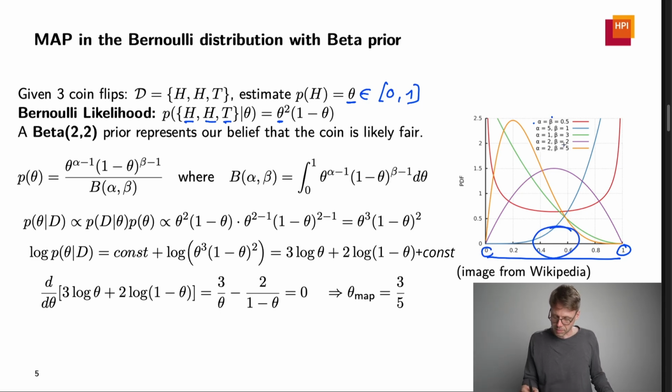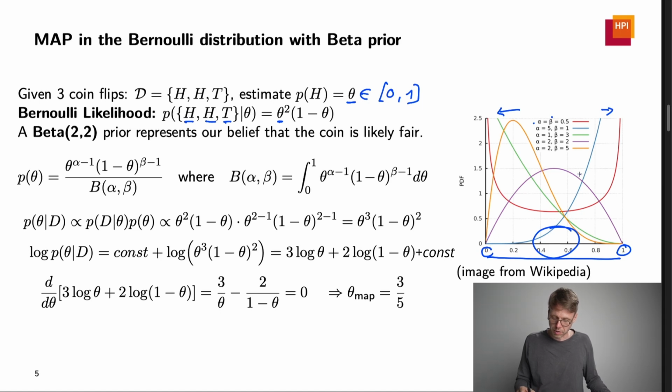If we make alpha larger than beta, then we see that we are tilting to values close to 1. If we make beta larger than alpha, then we are tilting towards values that are close to 0, like this green line here. Now, in our example, we do not have a preference because we don't know anything about this coin.